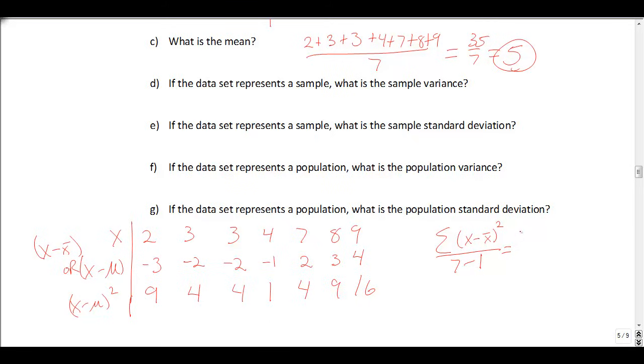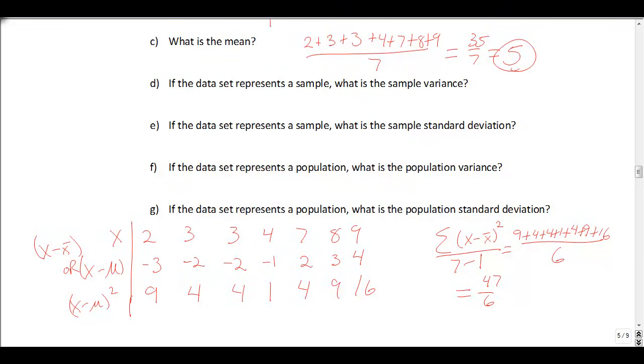So this is 9 plus 4 plus 4 plus 1 plus 4 plus 9 plus 16, and then I divide by 6. That's 9, 13, 17, 18, 22, 31, 47 over 6.